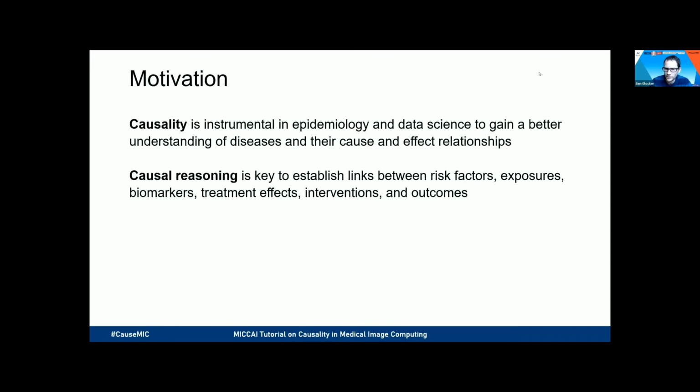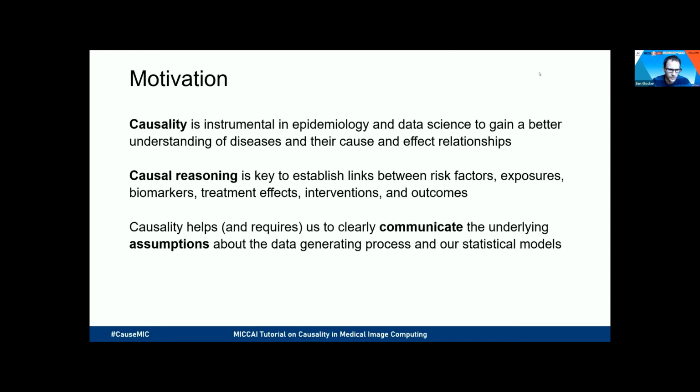And we will, especially in the first session, see some fundamental background and introduction to some of those frameworks that we can use for causal reasoning in this context. What I find really exciting about causality is that it helps, and also requires, us to clearly communicate what our underlying assumptions are.